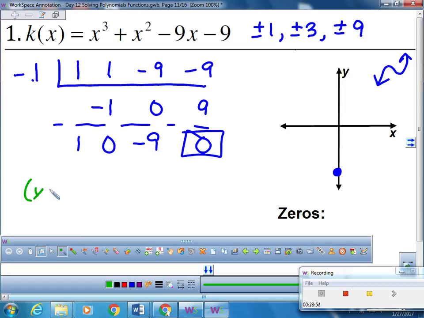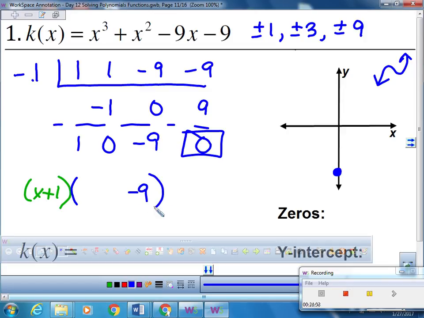Okay, so x plus 1. And what I'm left with is my -9. That's my constant. There's no coefficient for x, so there is no x, right? So that means this one right here is x squared, correct? Because this would be 0x, and this would be x squared. And then I go, I'm so excited right now.